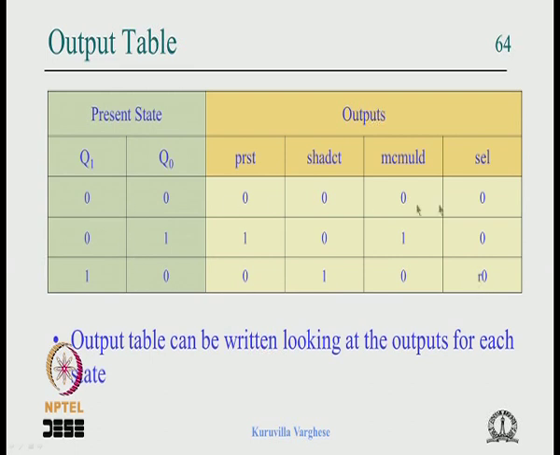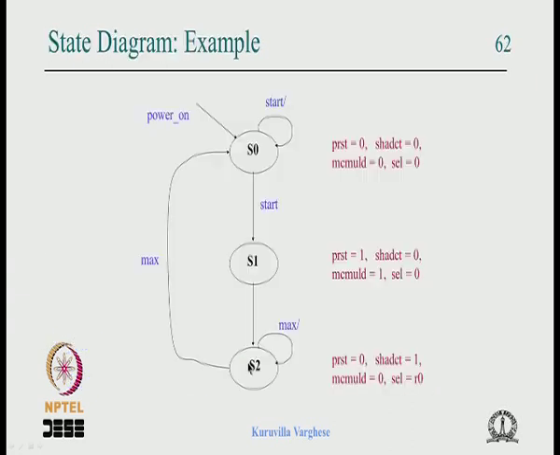It is not shown here, but maybe you can show the input also in the table, it does not matter. Again, this is exactly equivalent to the state diagram because it specifies the output for each state, so the output logic is identical to the state diagram.